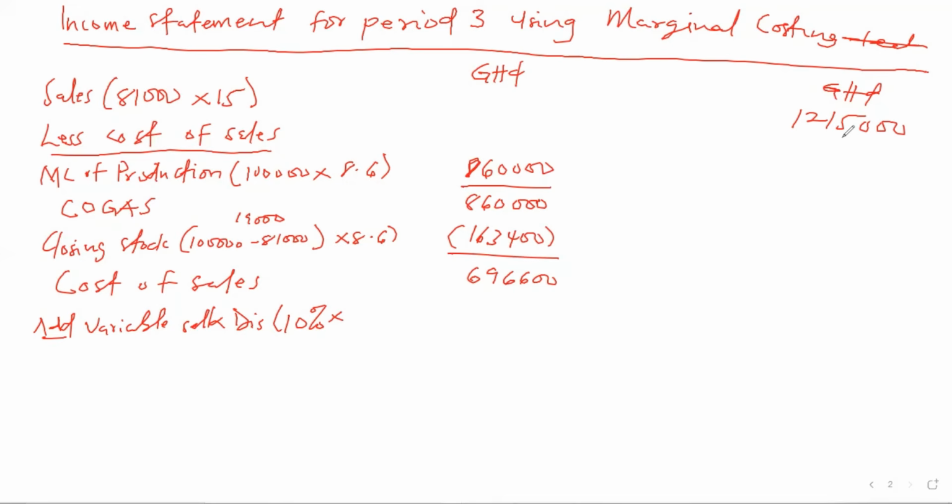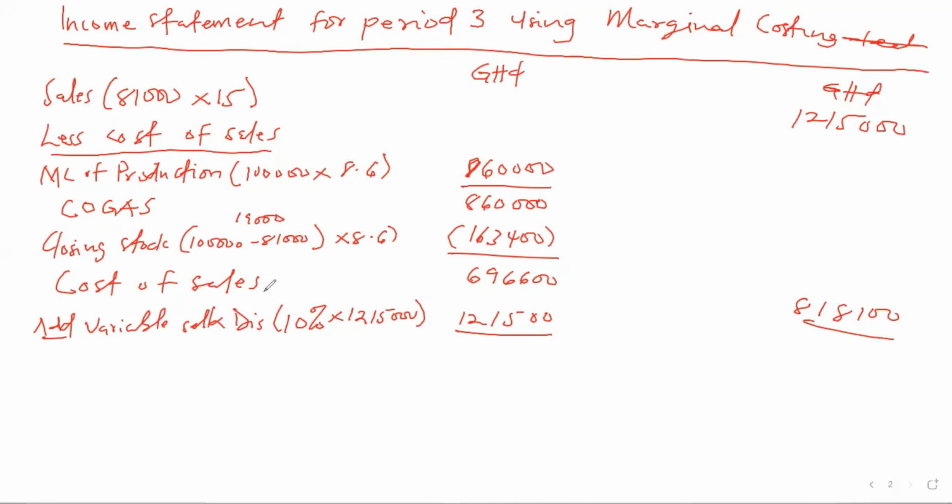Our sales is 1,215,000. When you find 10% of this, you will get 121,500. Now they said we should add, so we add our variable expenses to our cost of sales to get 818,100. So now we have our variable cost.